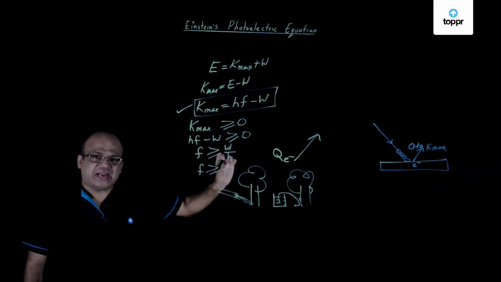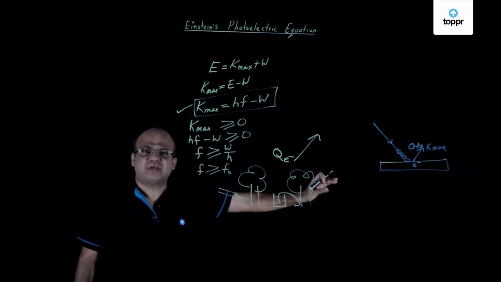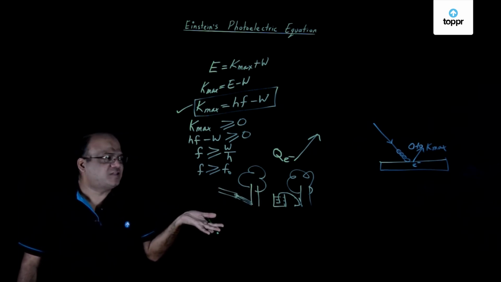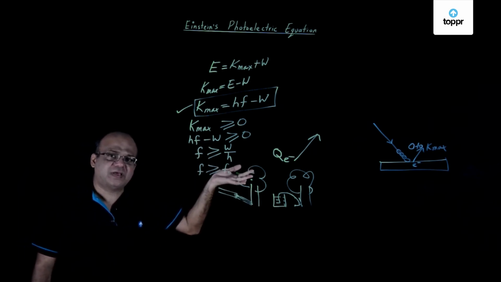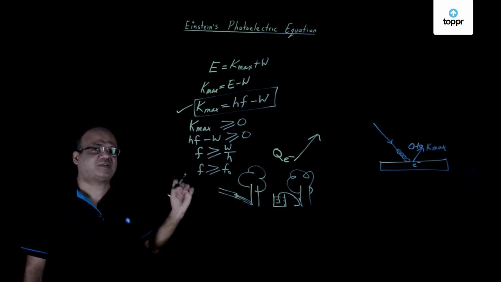The electron absorbs the entire photon and a part of that energy is used to overcome the work function and the remaining energy becomes Kmax in the best possible case.